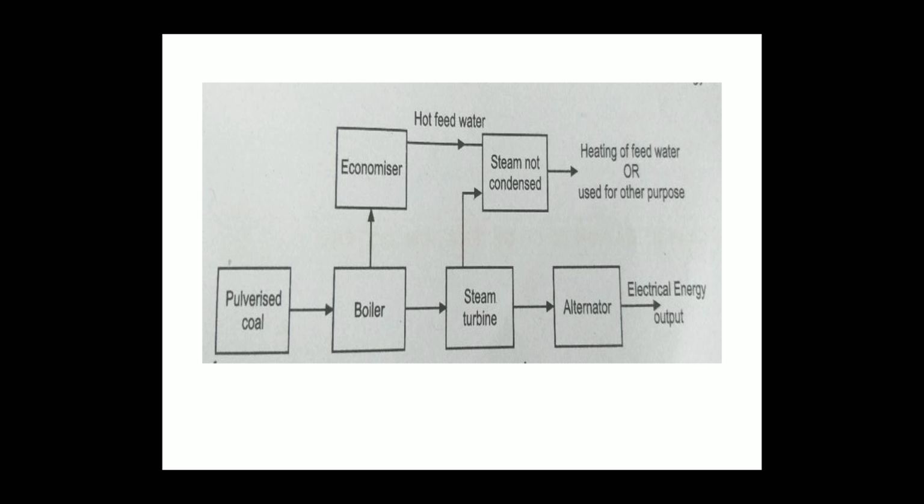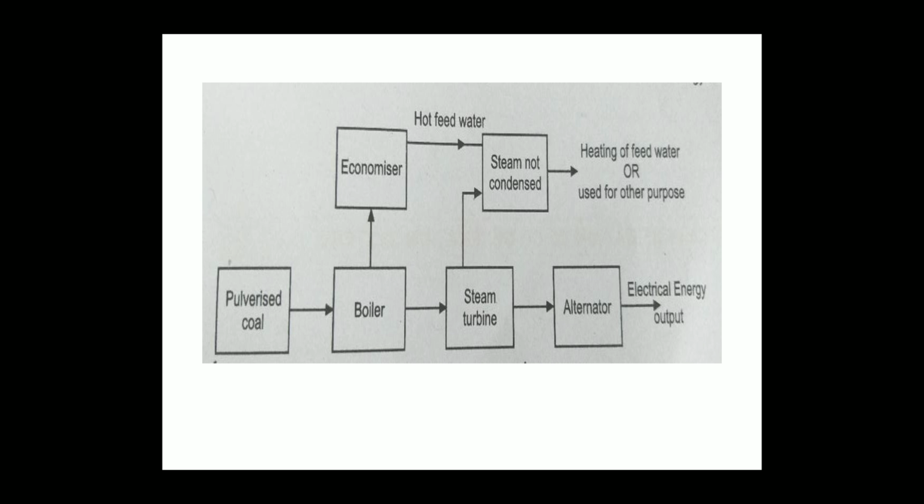This block diagram represents the energy conversion by a cogeneration plant. In this figure, the first block shows the pulverized coal which is given to the boiler. Then the output of heat is given to the steam turbine, and after rotating the turbine, the alternator which is connected to the turbine is also rotated and you get the electrical energy.